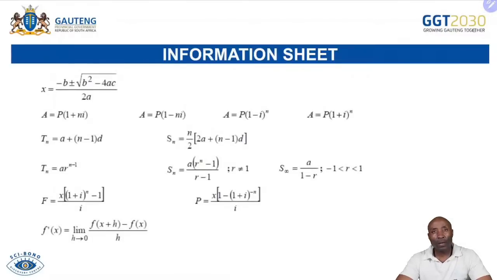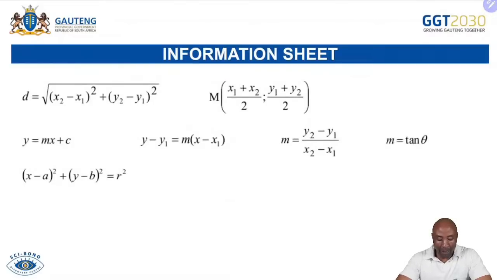Moving forward, we have our information sheet. Please, let's make sure we use our formula page so that we do not write wrong formulas and we lose marks unnecessarily. For analytical geometry, we are going to use these formulae that are there on our formula page. Distance formula, midpoint formula, our equation of a straight line.